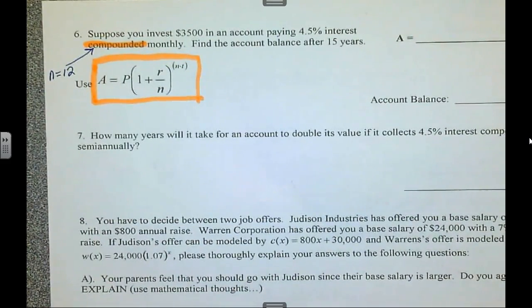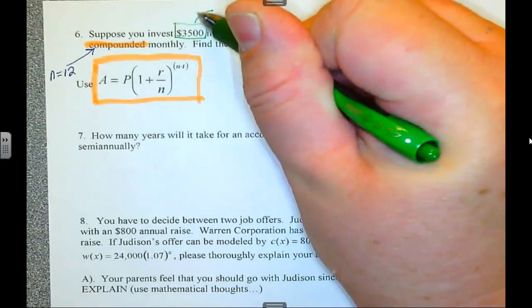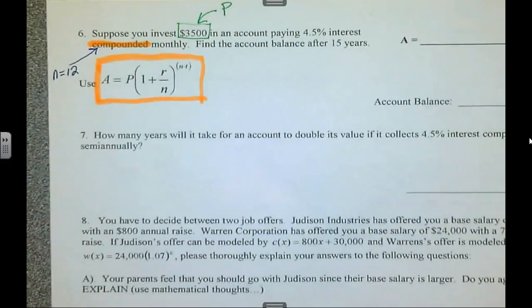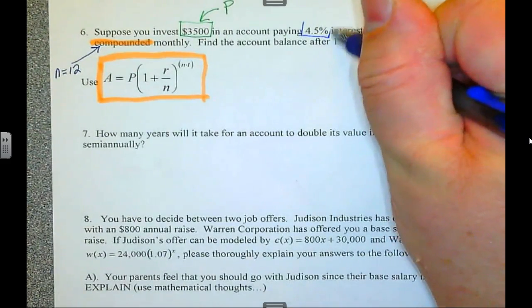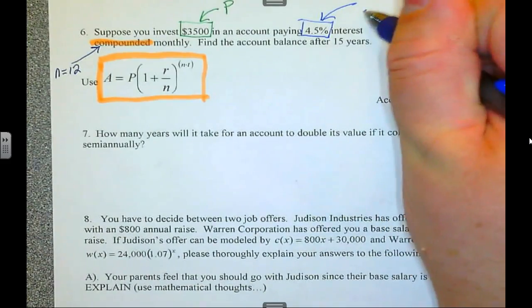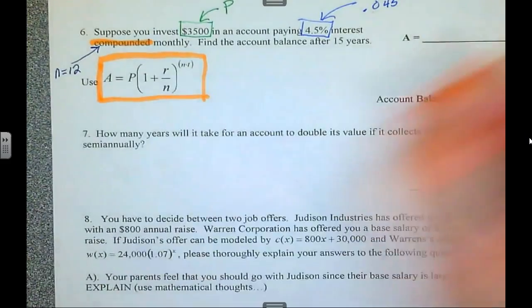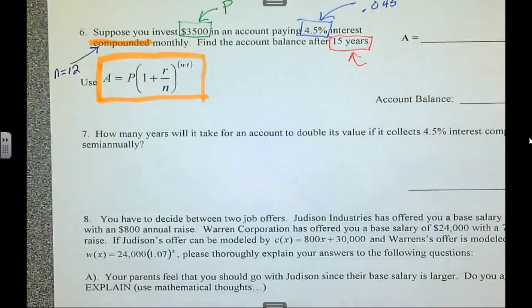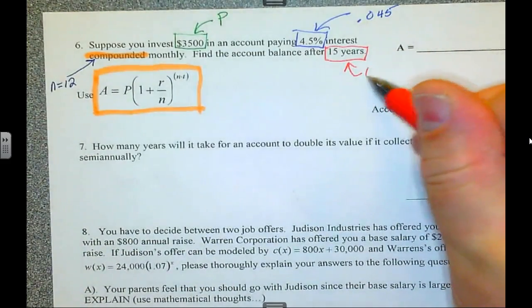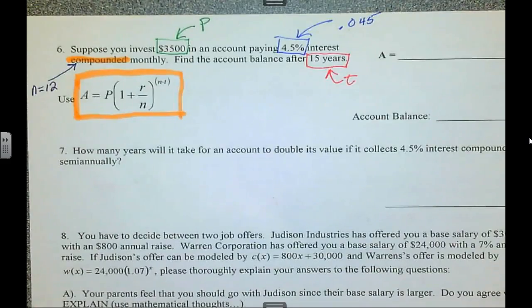My initial amount, you invest $3,500. It's my P. 4.5% interest is my rate, 0.045. After 15 years is my t, right? Okay. So this time let's fill in all the numbers.